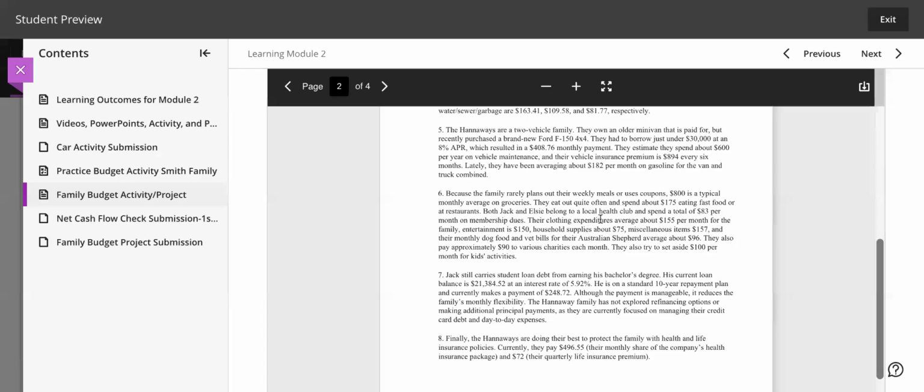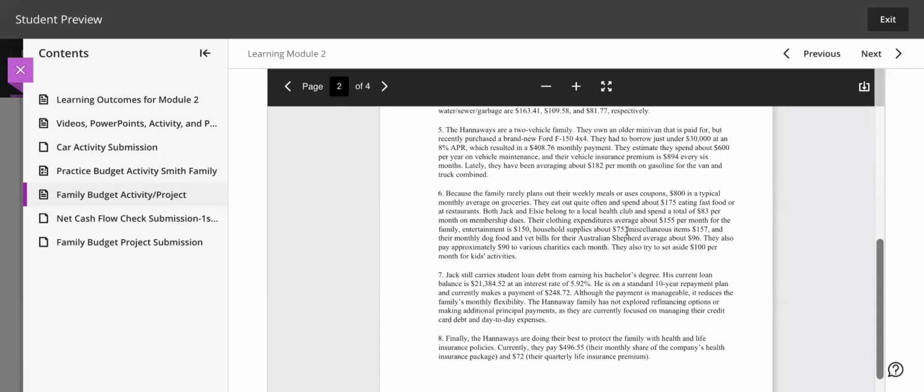Because the family rarely plans out their weekly meals or uses coupons, $800 is a typical monthly average on groceries. They eat out a lot too, $175 a month. They're also members of a health club. It's $83 a month. They pay $155 a month for clothes. Their entertainment's $150.